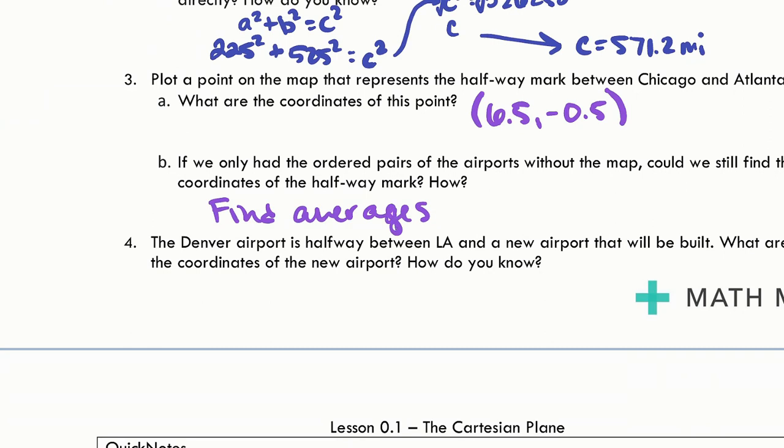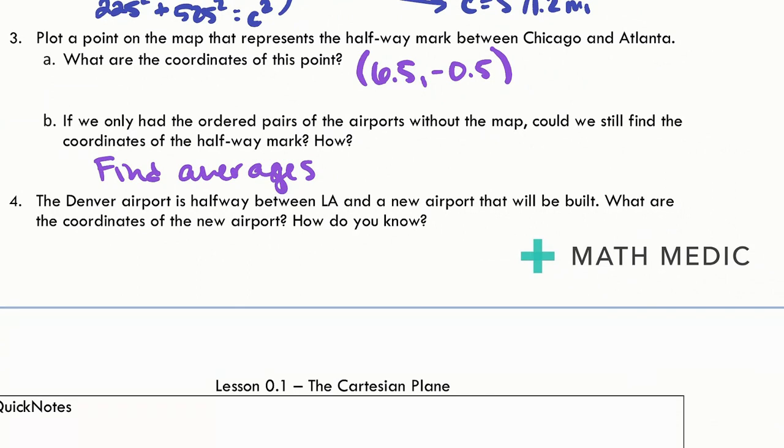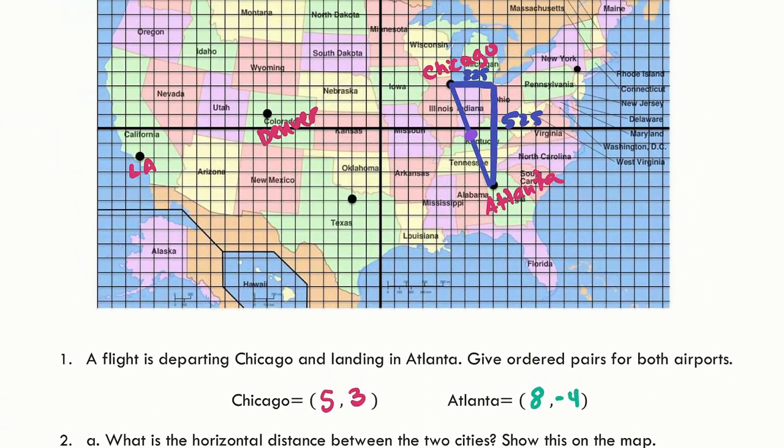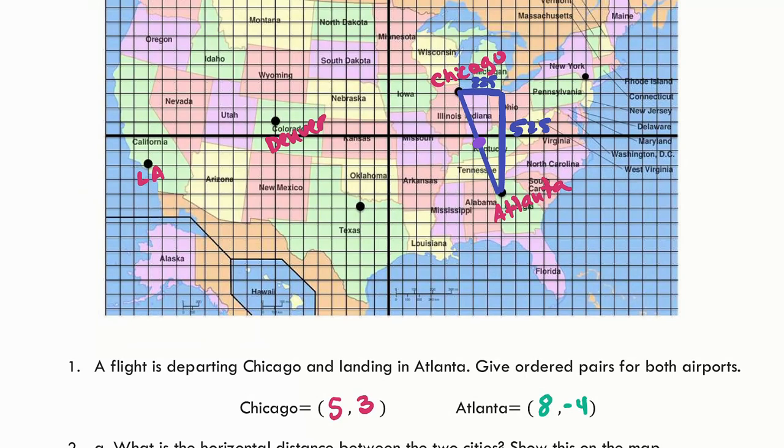Right, and then number 4 says that the Denver airport is halfway between LA and a new airport that will be built. What are the coordinates of this new airport? Did anyone do this? 1, 4. Yeah. So I think what you probably did is, to get from LA to Denver, you go up 3 units and over 9.